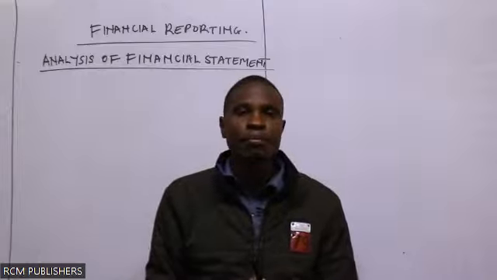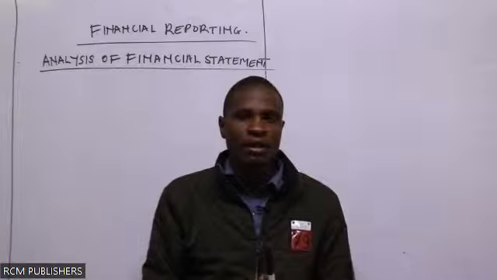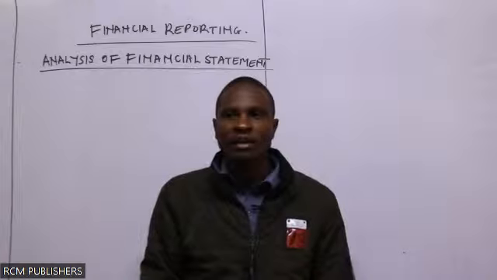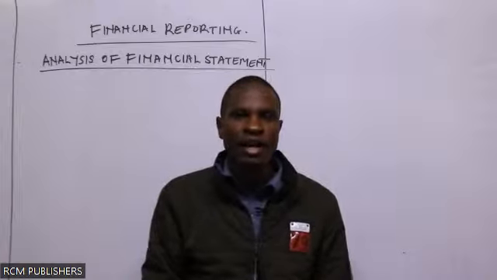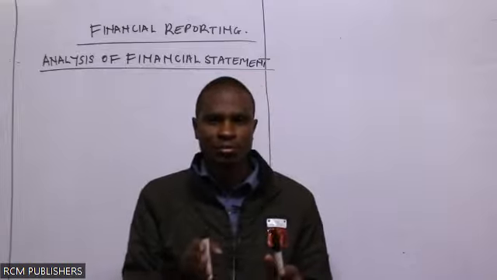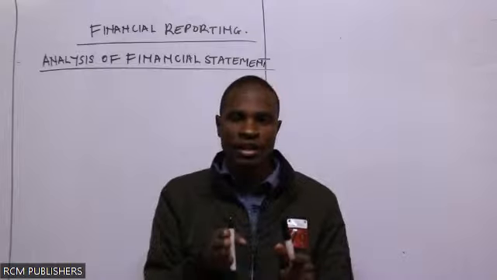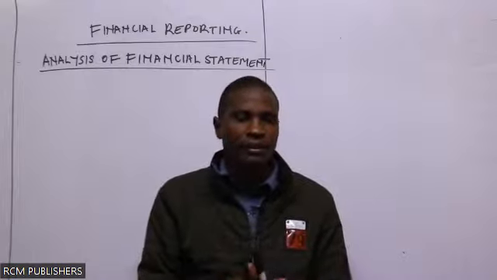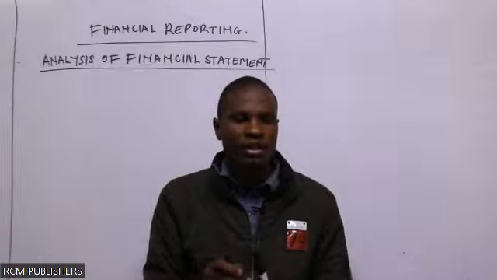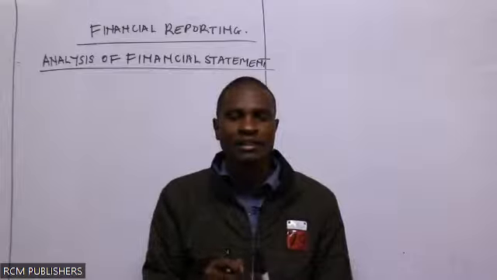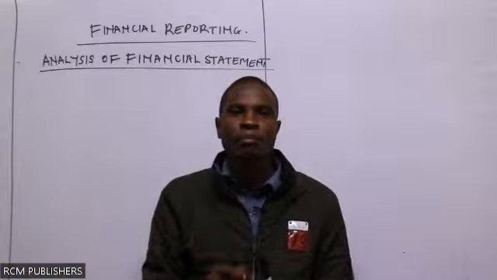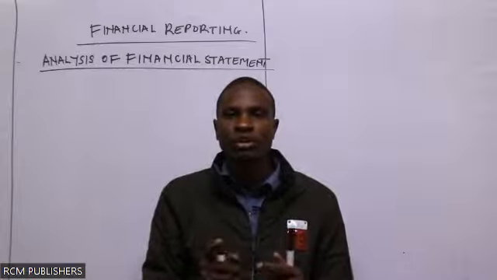I know you understand the format of income statement. Now, give me another item that we can look at when analyzing this financial statement, specifically the income statement. A student is giving us purchases. Purchases is another thing that we should look at.